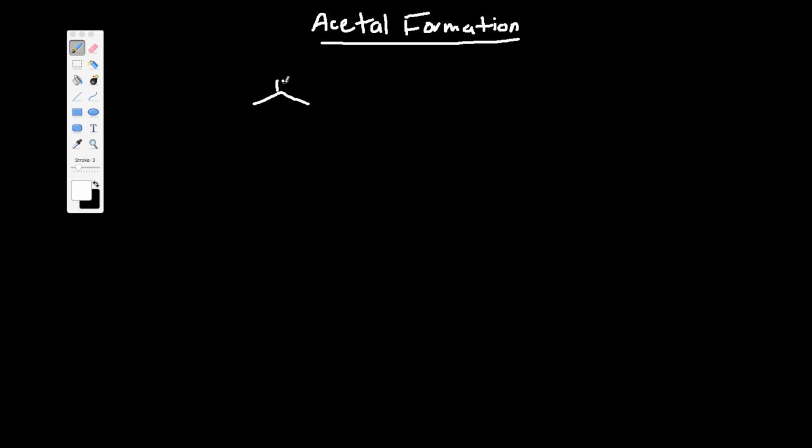You have a carbonyl, in this case a ketone, and you have a diol, and you treat it with acid, usually H2SO4, and you end up with this, which is called an acetal. So this right here is your acetal.